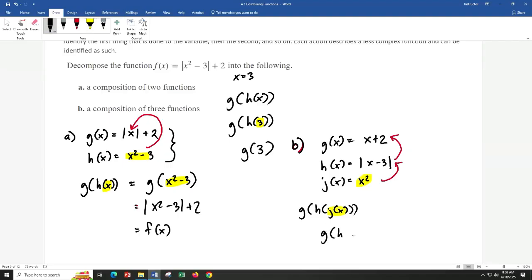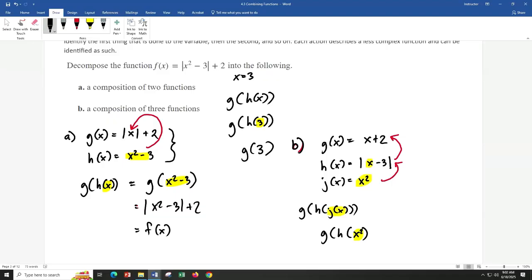So let's rewrite. G of h of x squared. Well, what do you do whenever you're messing with functions? Wherever there's an x, you do what? Replace that with what? I'm looking at the h. Don't I take this x squared and put it right here? Isn't that what you do with a function? Okay, well then do that.